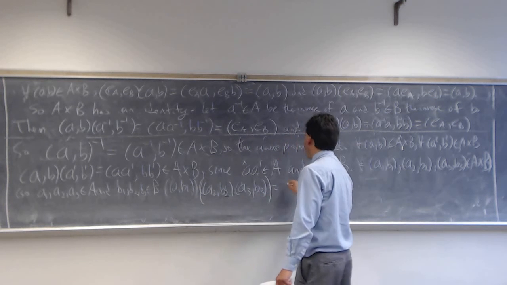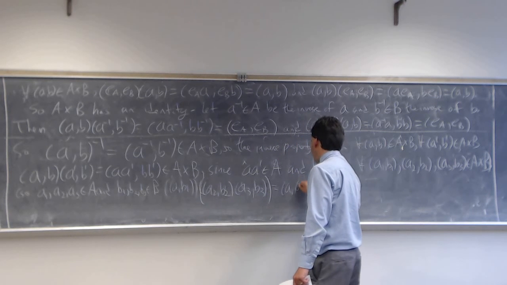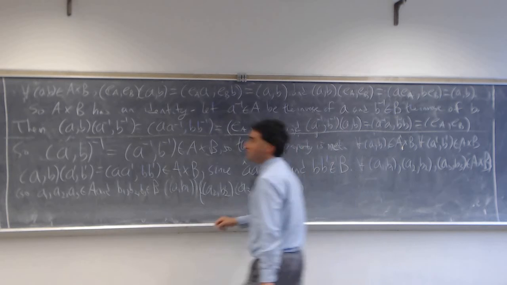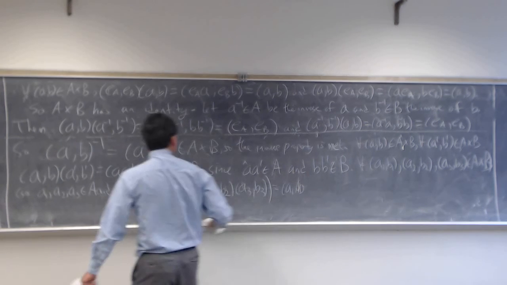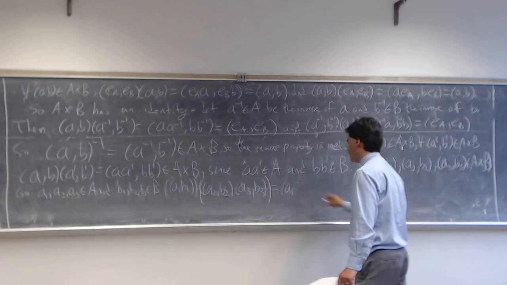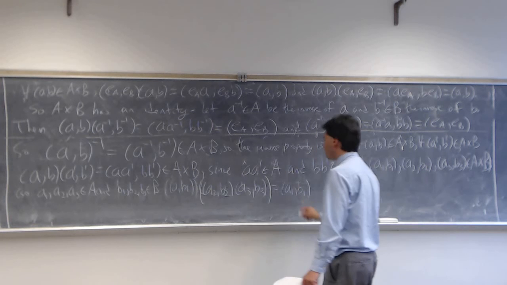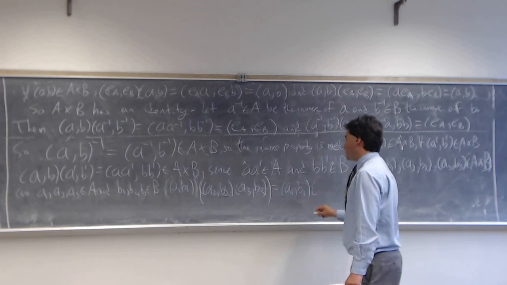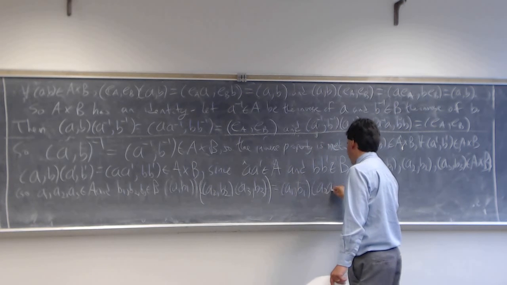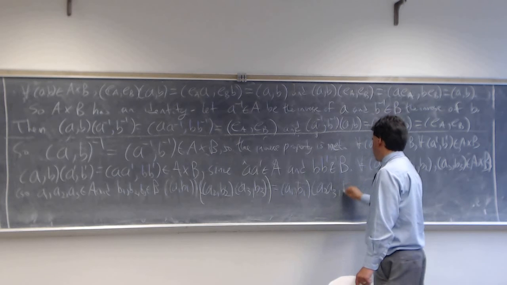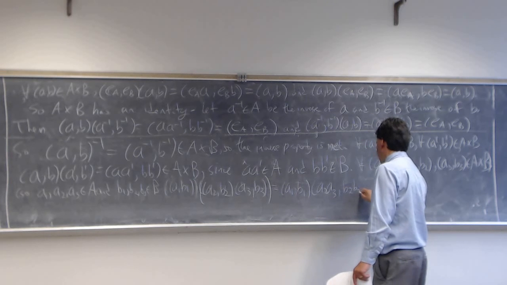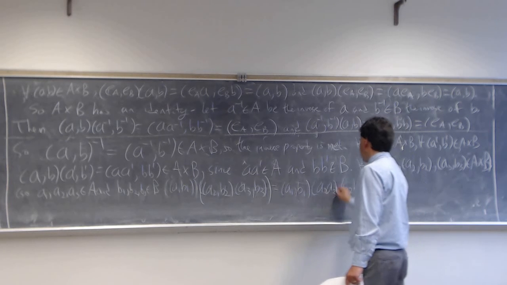So the parentheses is here, so I multiply within the parentheses so that (a1, b1) stays the same, and this becomes (a2 a3, b2 b3), and I'll throw some parentheses in there.